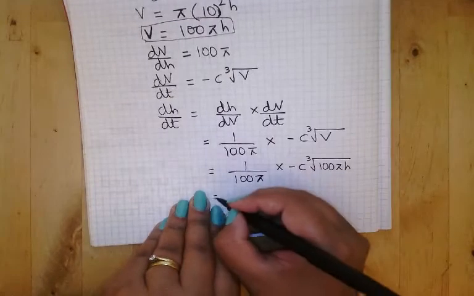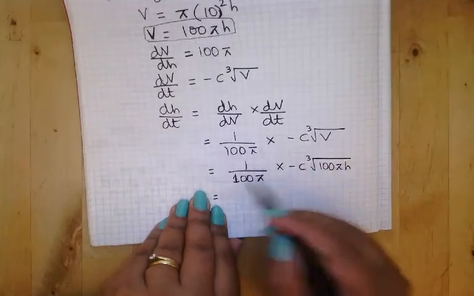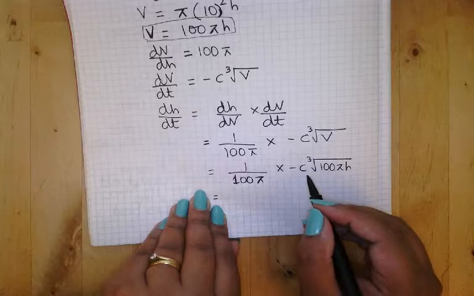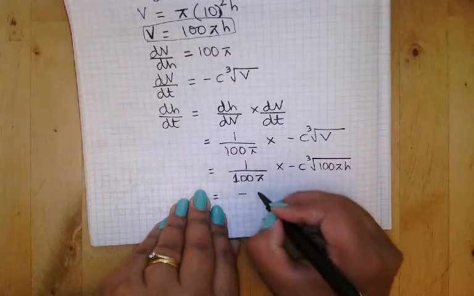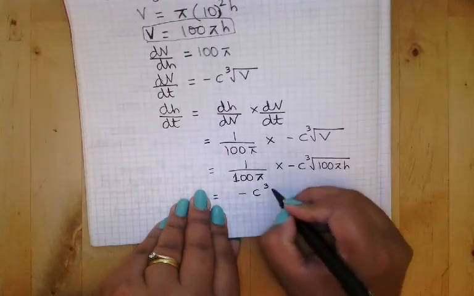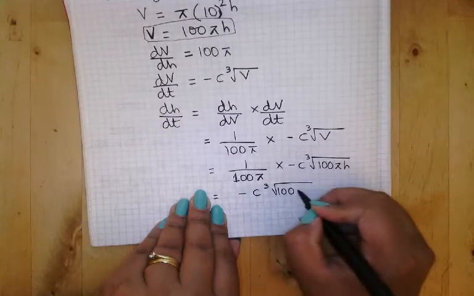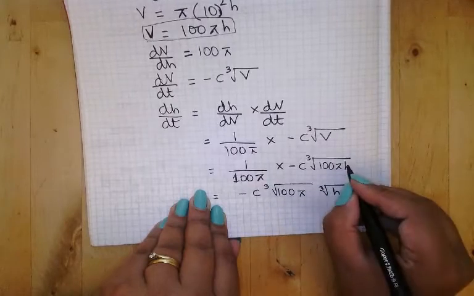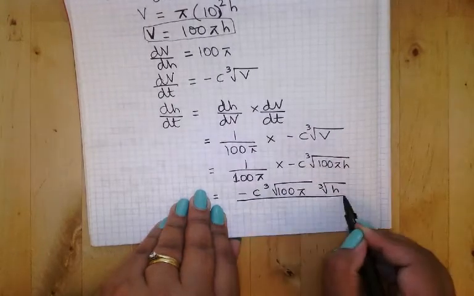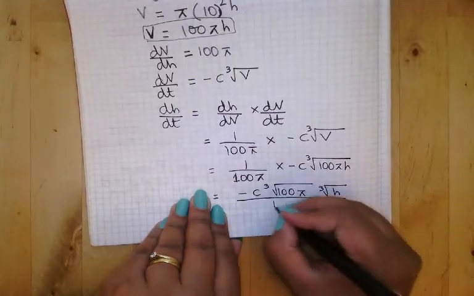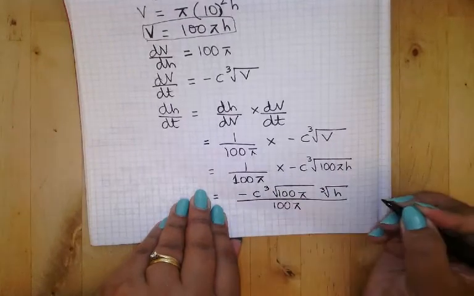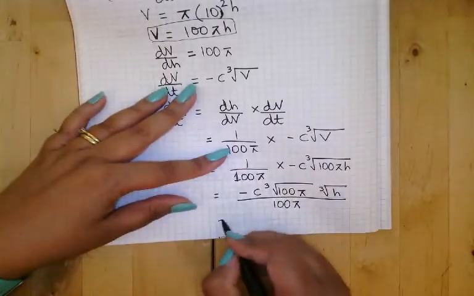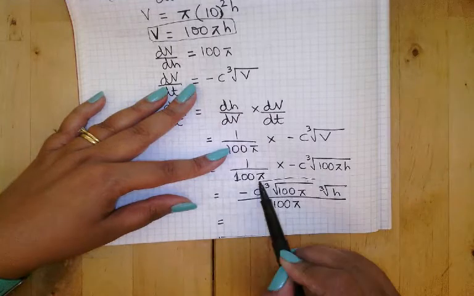Now this is going to give me minus C cube root of 100 pi, and I'm going to take this out, over 100 pi. And what's going to happen is that all of this is actually a constant.